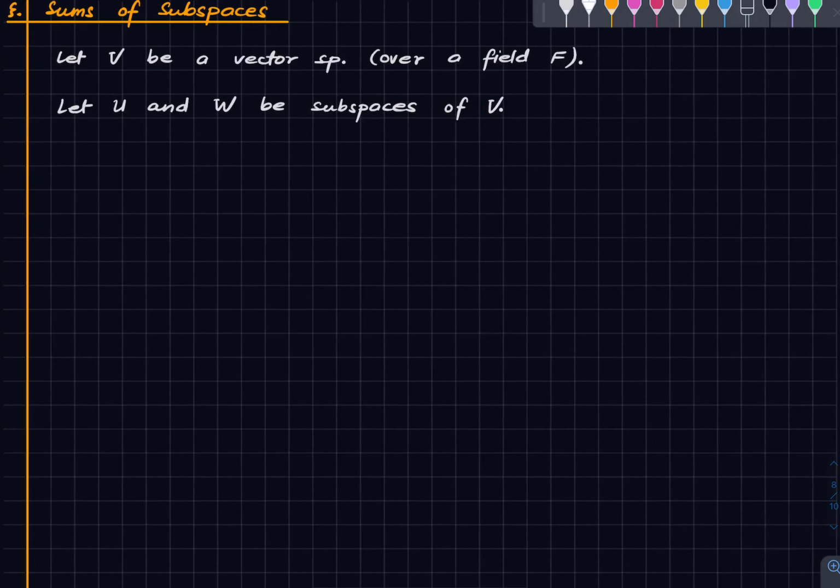Finally, sums of subspaces. We could have discussed this in the examples portion, but let's do it separately. Fix a vector space V over a field F, and suppose we have two subspaces U and W of V. Define U plus W as all the vectors of the form u plus w, where you pick the first from U and the second from W. This plus has nothing to do with any plus that we have seen before.